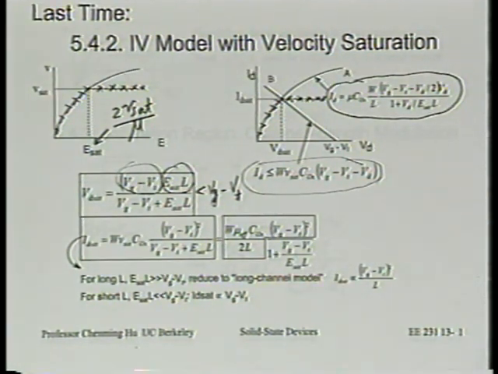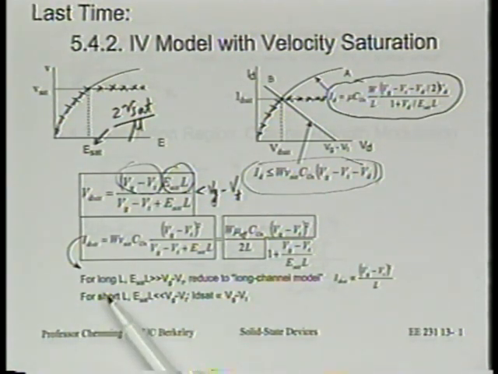That's the classical ID set. And the classical ID set is reduced by this factor, 1 plus Vg minus Vt over E set L, the ratio of the two voltages. One voltage is always E set L, the other voltage is Vg minus Vt.